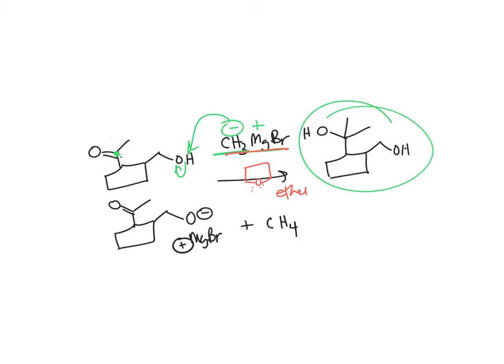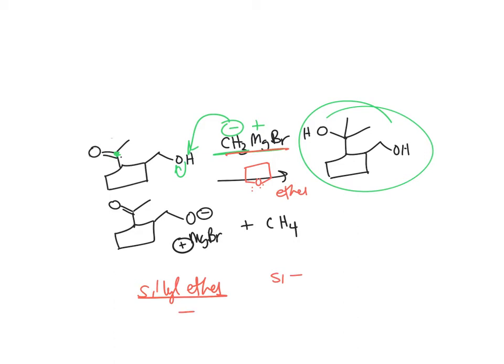What you have to do is use a protecting group. The protecting group here in your book is a silyl ether. And we'll also talk about other protecting groups later on in this chapter.